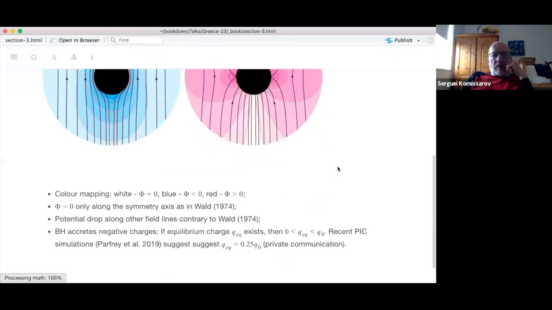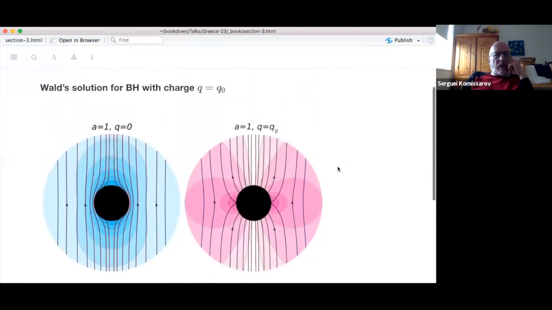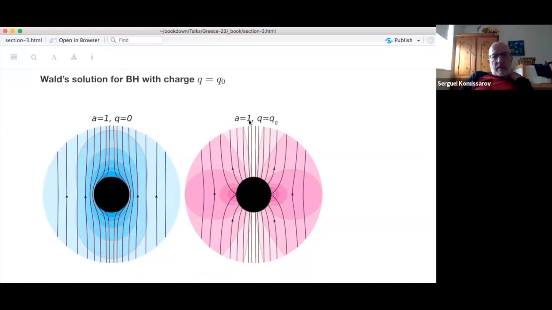Okay, so now let's look at the Wald solution with the Wald charge, with this critical charge Q0, as we discussed earlier, and compare it to the solution with no charge. In both cases, I'm using a maximally rotating black hole again. So this is what we got on the left. We already saw this solution, and now we are looking at the solution on the right, which is for a charged black hole with the Wald charge.